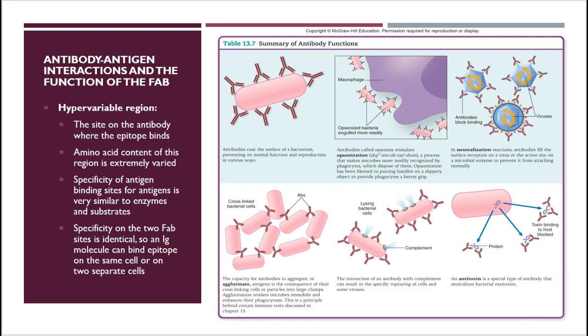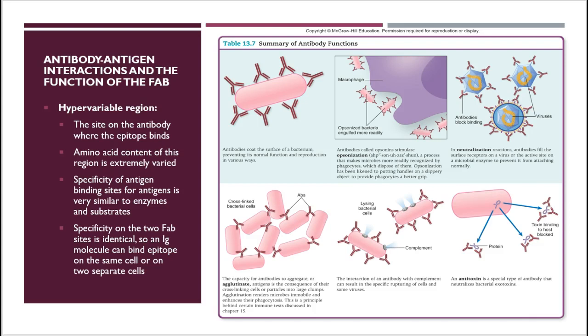The specificity between the antigen binding site and the antigen or the epitope is very similar to the way enzymes recognize a substrate. It works similar to that lock and key mechanism, so the antigen is very specific and it must fit the site on that antibody.